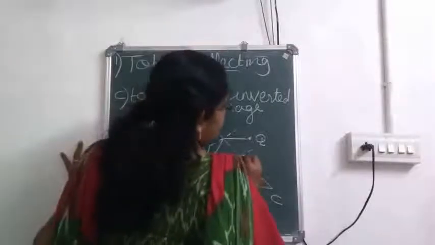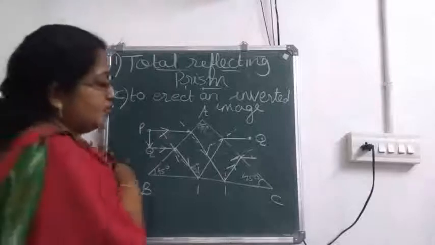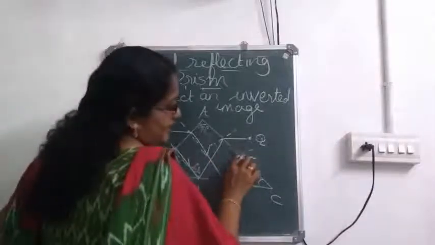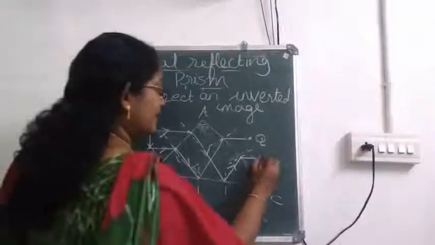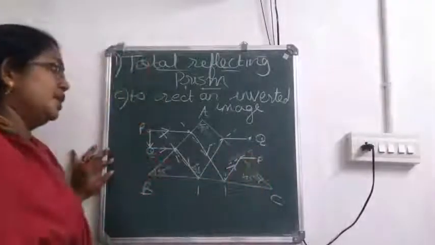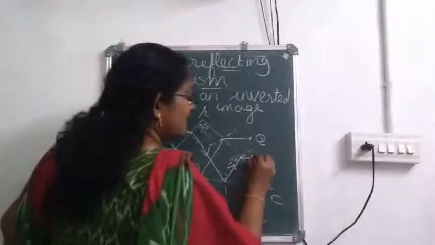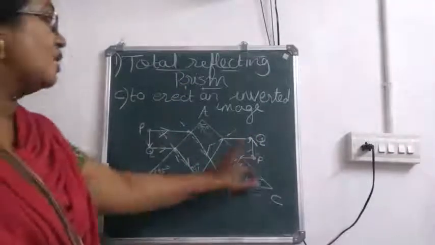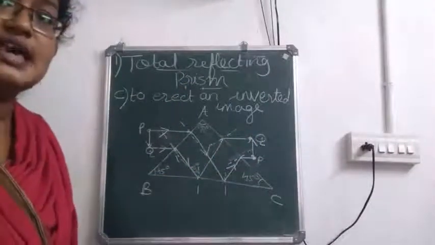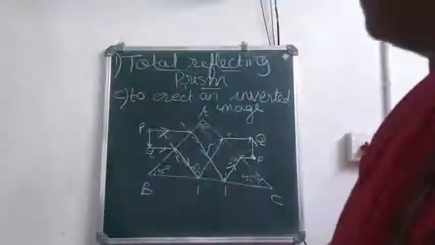So the ray gets refracted. It moves away from the normal. And here I have the point P. From P to Q we had the arrow mark, so here I will be marking it from P to Q. And this is how the ray gets erected using a total reflecting prism.